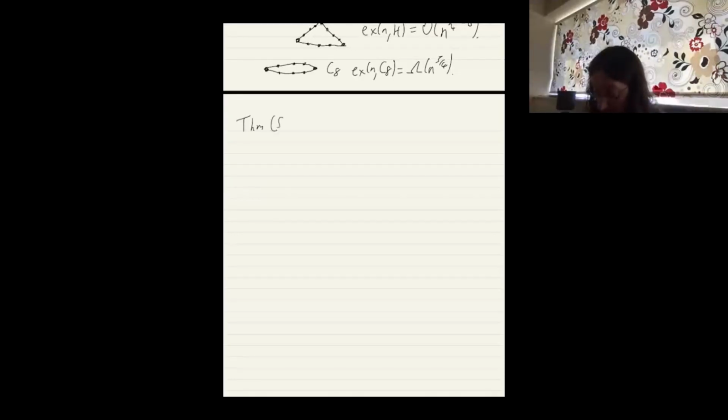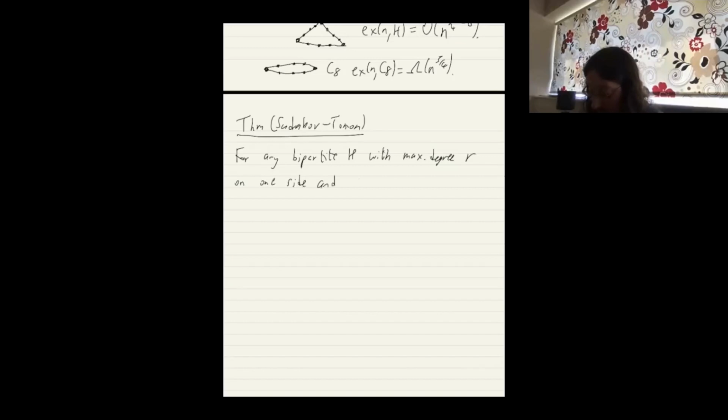They have shown that for any bipartite H with max degree r on one side and no K_{r,r}, the extremal number of n, H is, so the conjecture was that you would get a power saving on this, but actually what they show is you get some little o term.